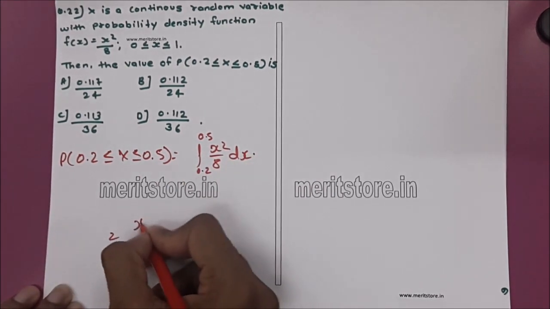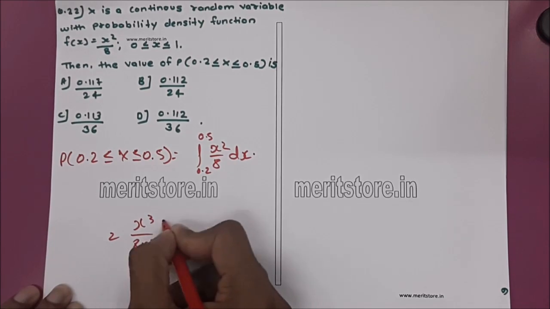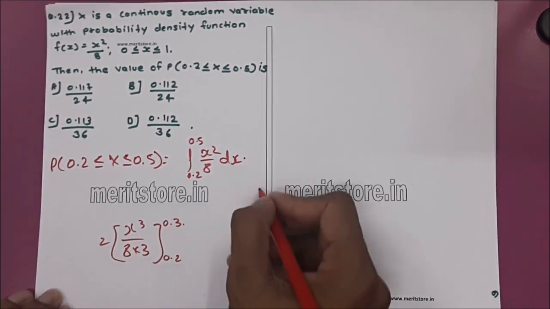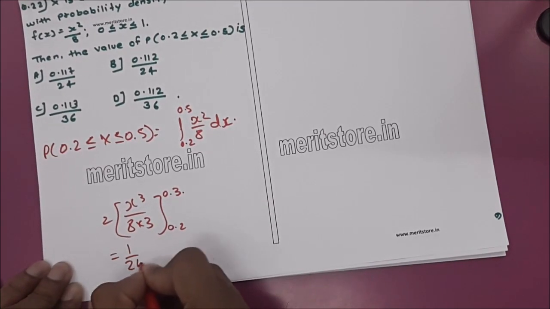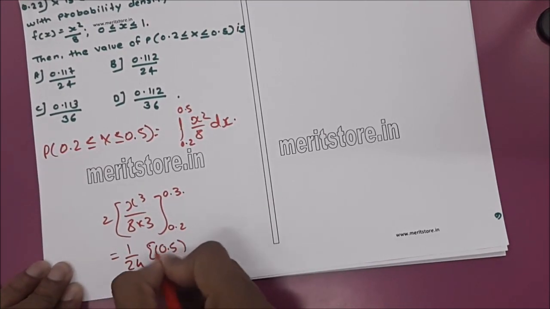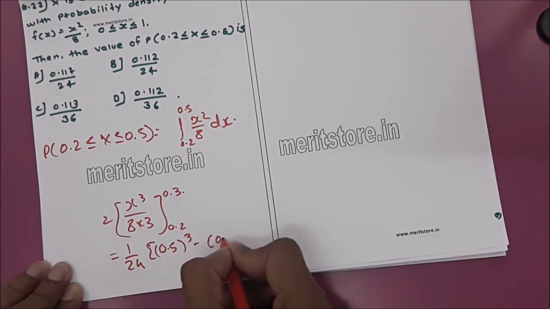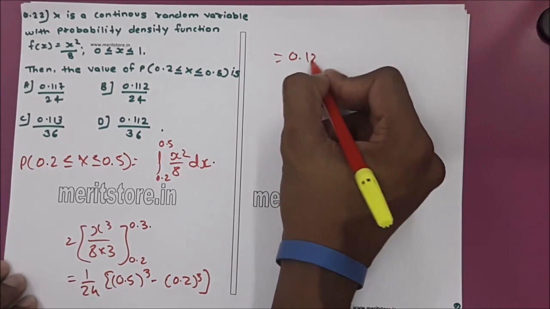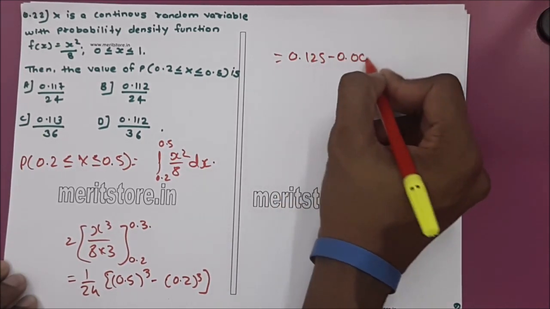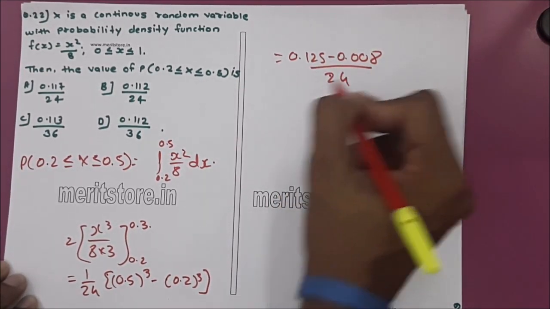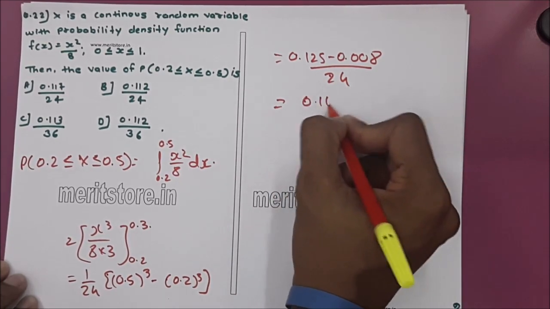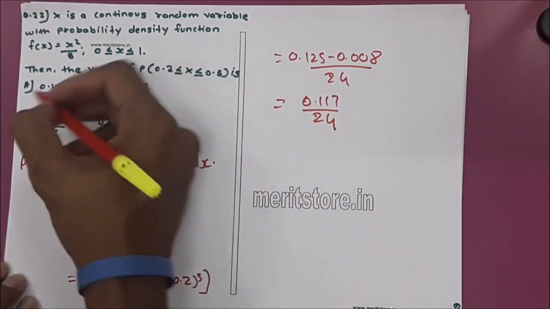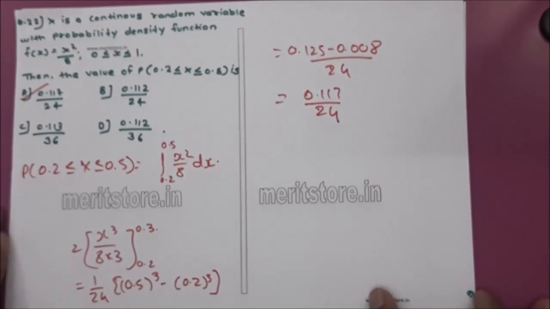We integrate, we get x cube upon 8 into 3, from 0.2 to 0.5, this is equal to 1 by 24, 0.5 cube minus 0.2 cube. We solve this, we get 0.125 minus 0.008 upon 24, which is equal to 0.117 upon 24, which is option A. Option A is the correct answer.